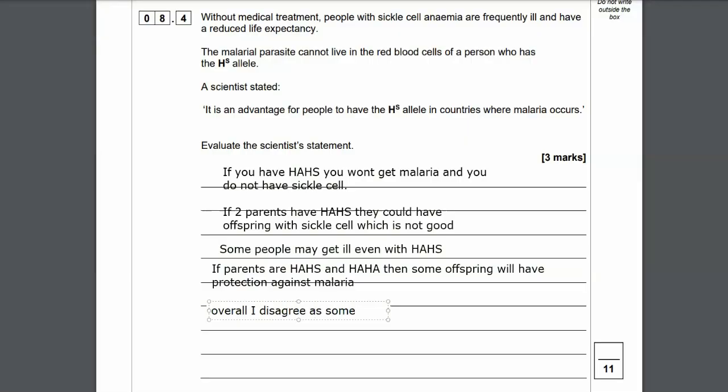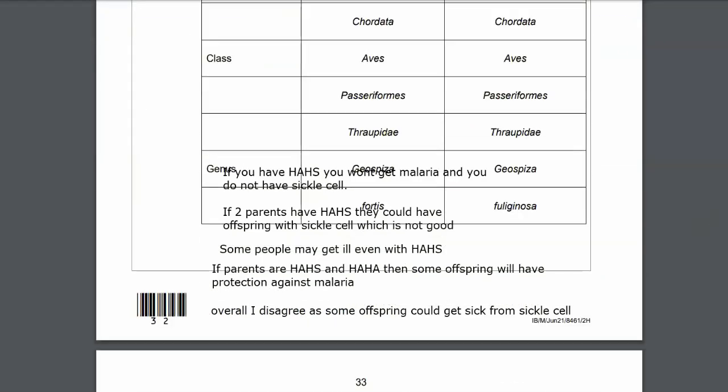Overall, I disagree because some of the offspring could get sickle cell if both parents are HAHS. So I'd say the scientist has made a statement that it's just generally good for people to have HS. Well, it's not good if both parents have HS, in my opinion, because there's a 1 in 4 chance that the child will have sickle cell anemia, which is really bad.